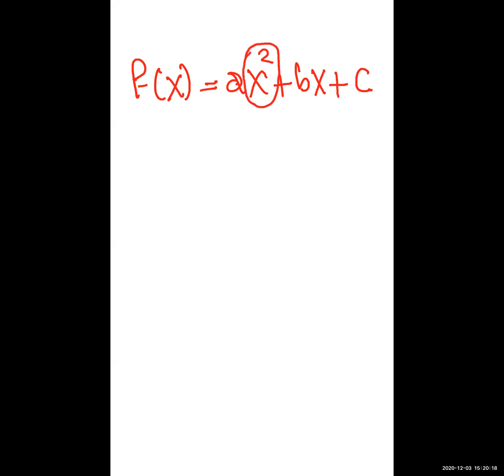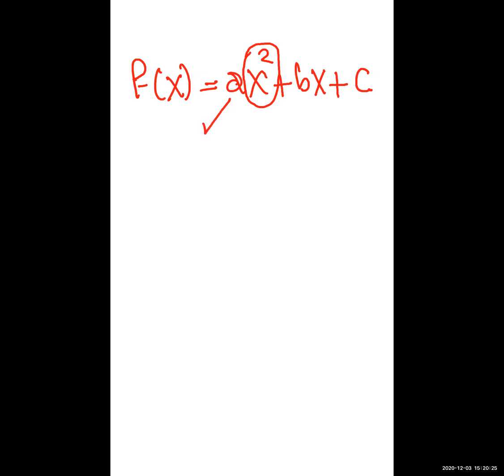Okay, guys, on the linear function, we said that the form of the linear function is ax plus b. Now, in the quadratic function, it will be f of x equals ax squared plus bx plus c. Quadratic, we said that it's of the second degree, so we must have x squared, right?